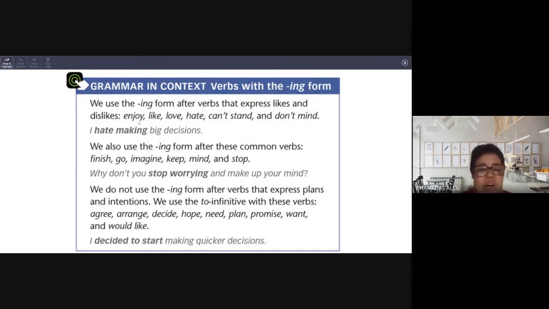Some of them are enjoy, like, love, hate, can't stand, and don't mind, to name just a few, okay? Example, I hate making big decisions. I'm expressing my feelings, right? And this is something really strong. And I'm saying that I really don't like making big decisions.